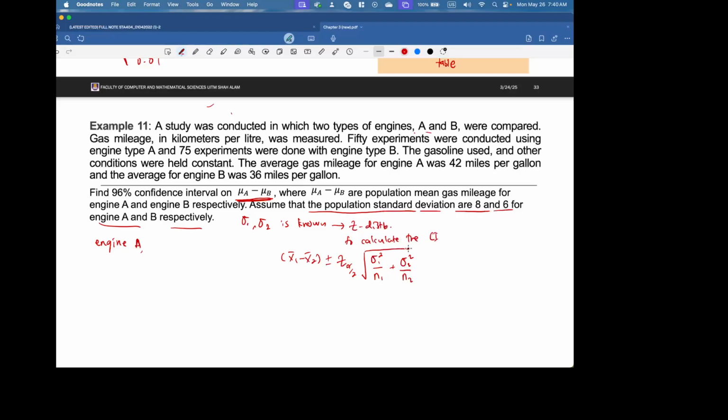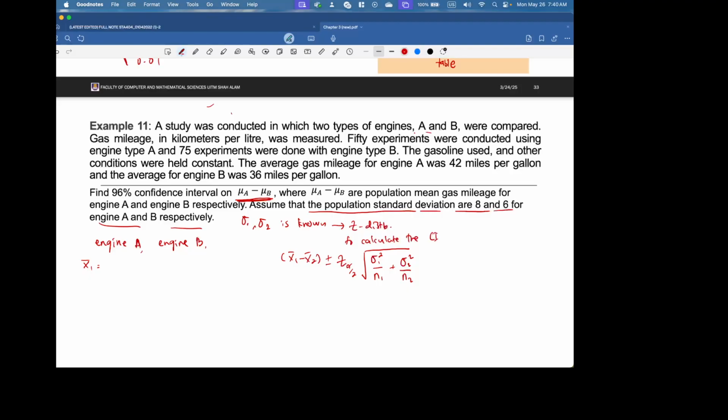You square root all of this. Now our task is to determine the information to transfer into the formula. So let's say engine A is 1, engine B is 2. So you need to find first what is the information of x bar 1.